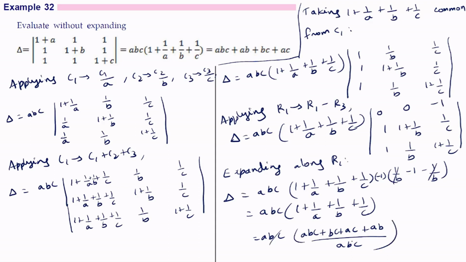So ABC and ABC will get cancelled. From this we get delta as equal to ABC plus AB plus BC plus AC. So we have evaluated the value of this determinant using the properties of determinants.